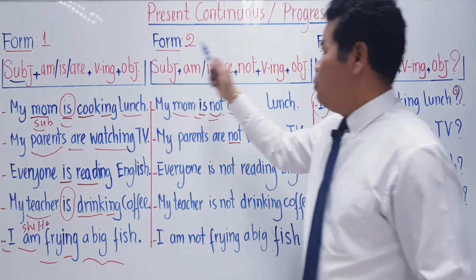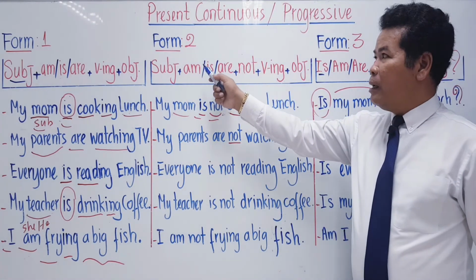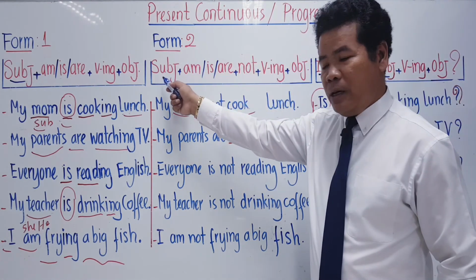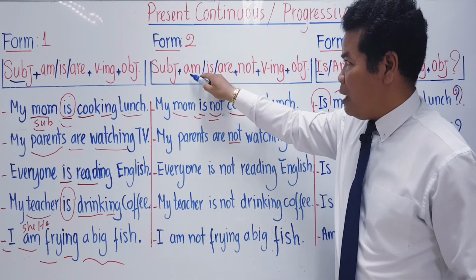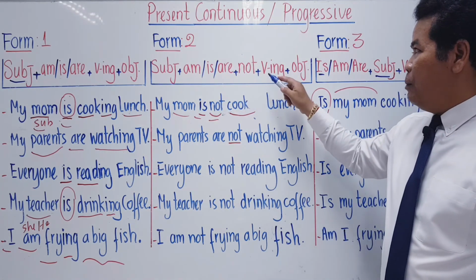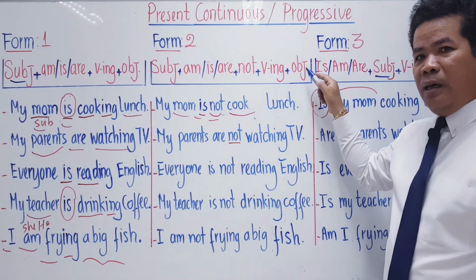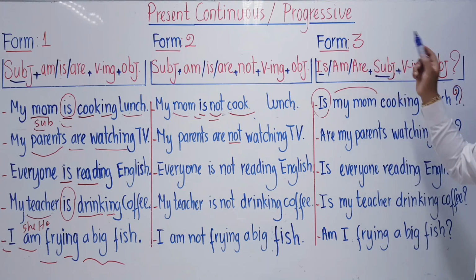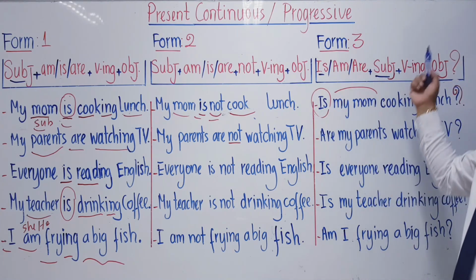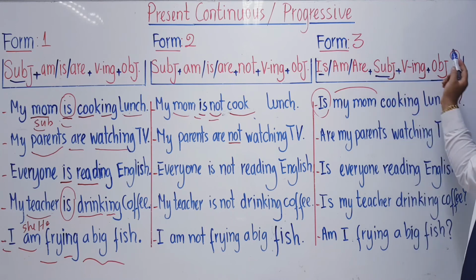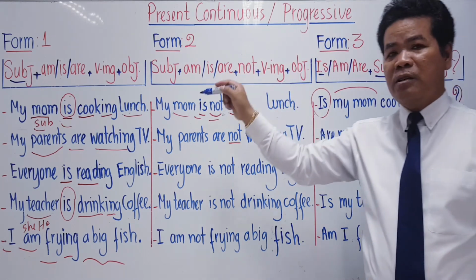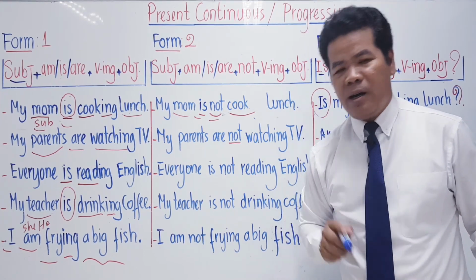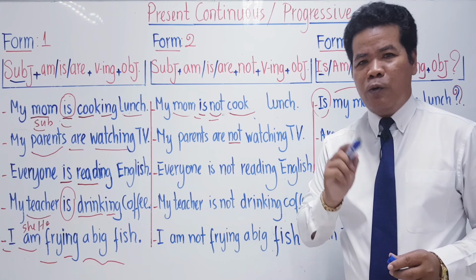Then form number 2, the negative form: subject plus part of verb to be, am, is or are, plus not, plus verb ing and plus object. And then form number 3, the question form. We just move the part of verb to be in front of the subject, and every single word is the same as the positive sentence. But the only thing you add is the question mark.